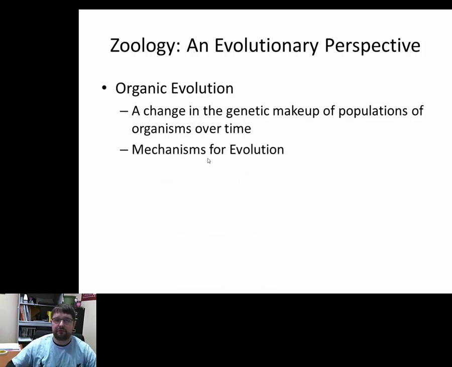Now, we often think about this because I think in general biology, depending on what your instructor's specialization is, a lot of times evolution is kind of skipped over very quickly, or maybe the mechanisms for evolution are not hashed out very well.